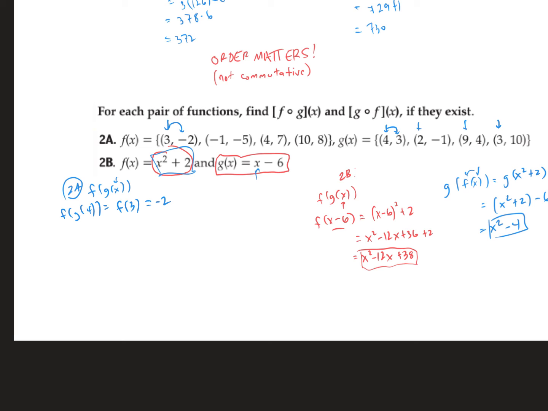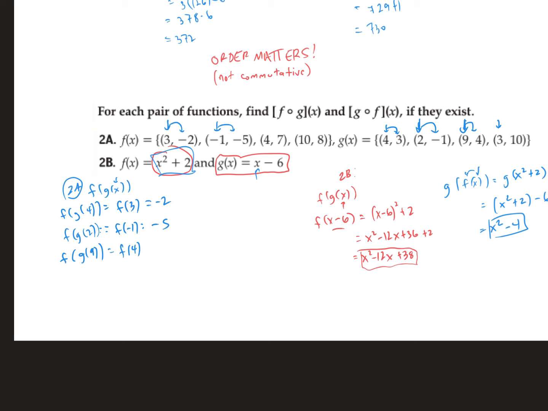So I'm basically going to do that for every single x value that's in g. So I'm going to do it with 2. g of 2 is -1. Then I come over to f and say, where's -1? And plug that in, and that gives me -5. Now I'm going to do 9. g of 9 is 4.